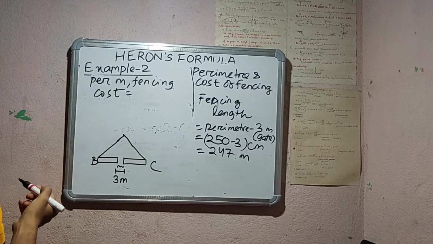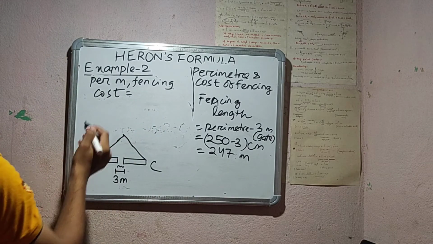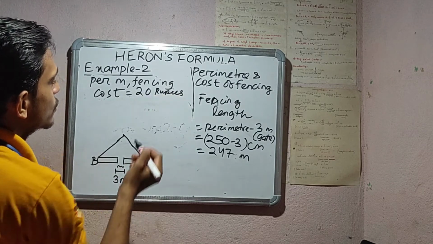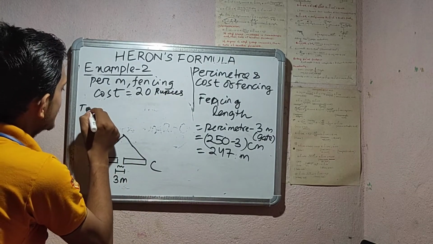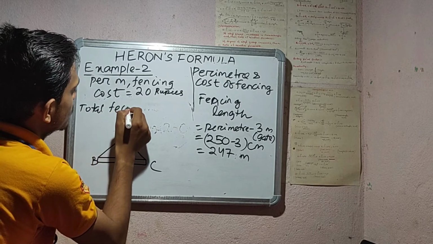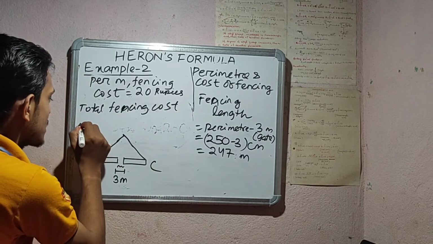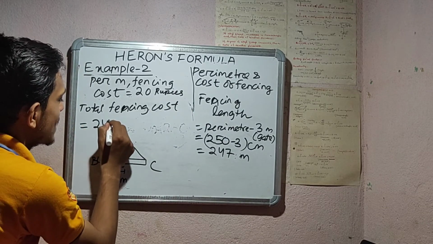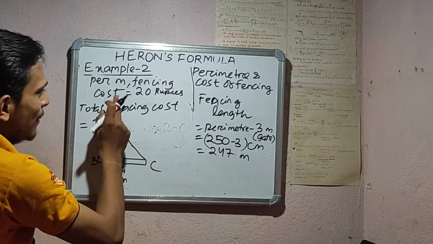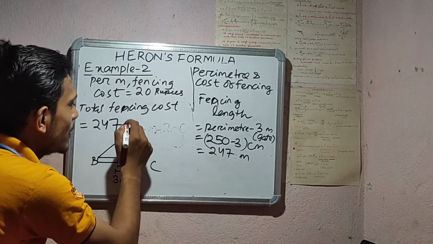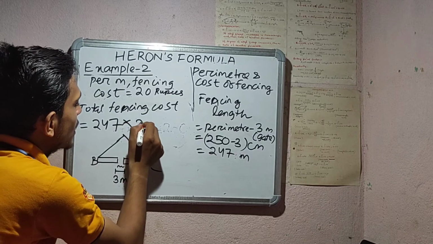That is 20 rupees. So total fencing cost must equal 247 per meter. For 1 meter we have 20 rupees. For 247 meters, that is 247 multiplied with 20.